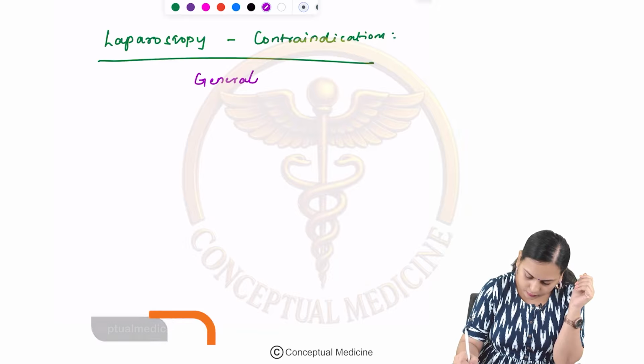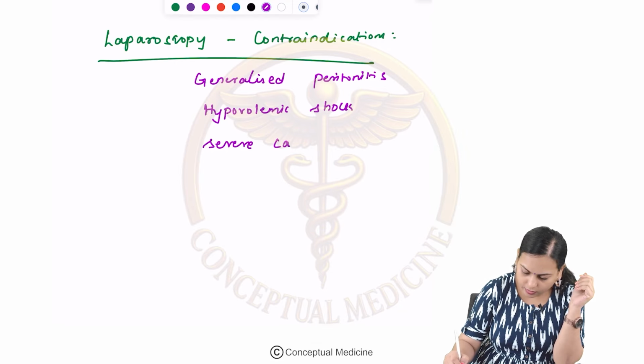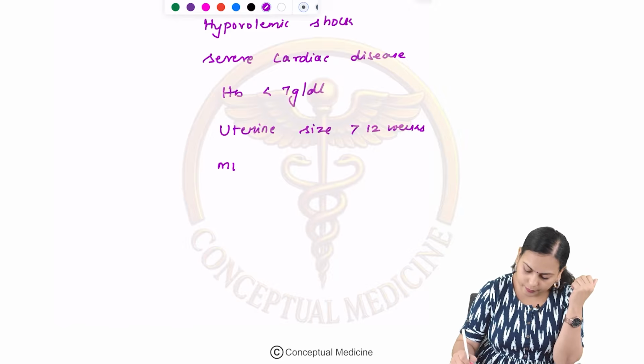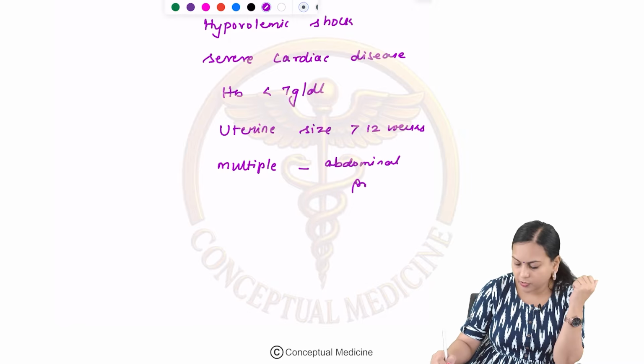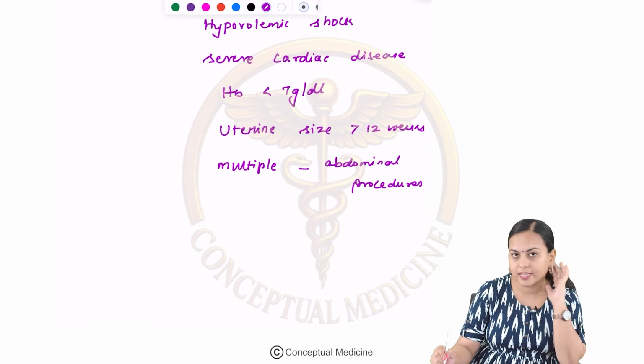When there is generalized peritonitis or hypovolemic shock, severe cardiac disease, hemoglobin that is less than 7 gram per deciliter, uterine size more than 12 weeks, and when they had multiple previous abdominal procedures, because the chance of having adhesions will be more. Okay, laparoscopy view will not be proper in that case if adhesions are present.